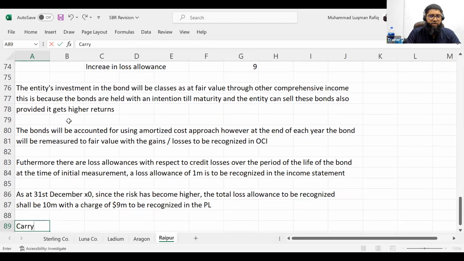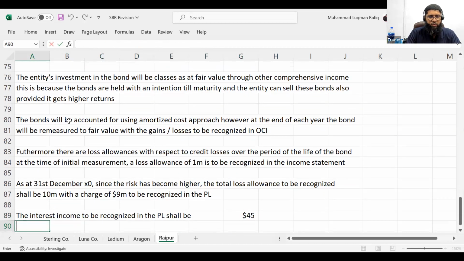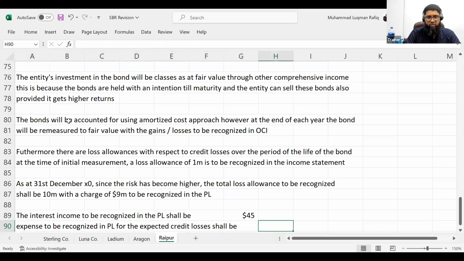So the carrying amount, the interest income to be recognized in the P&L shall be 45 million. The expense to be recognized in P&L for the impairment for the expected credit losses shall be $10 million.